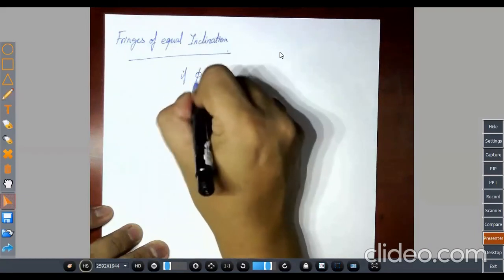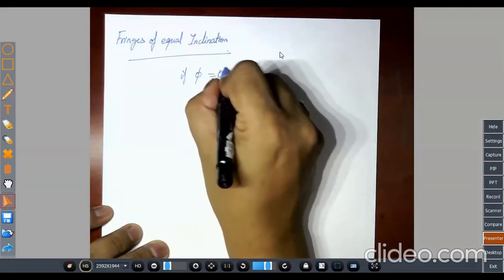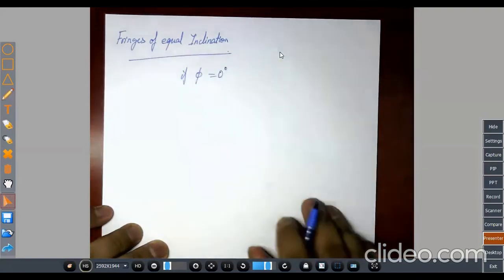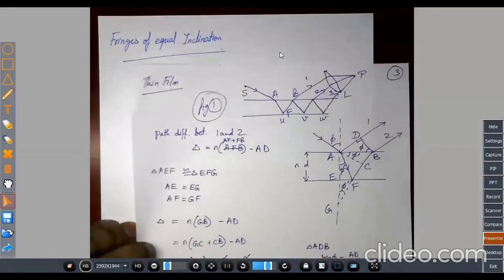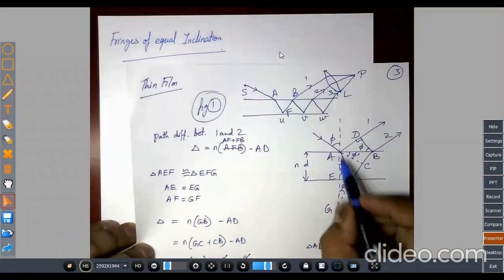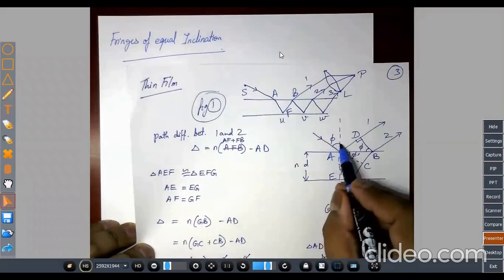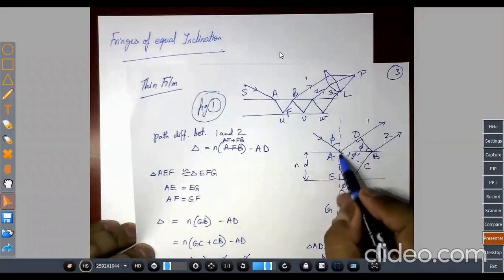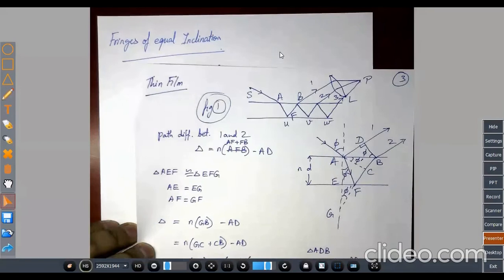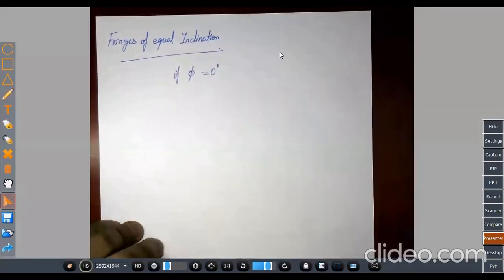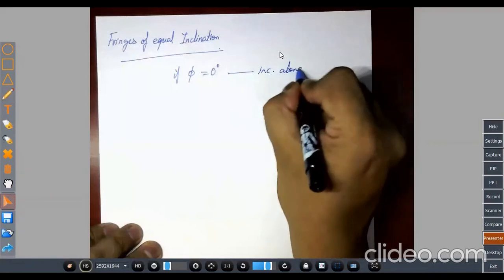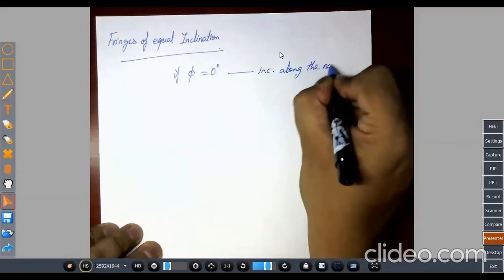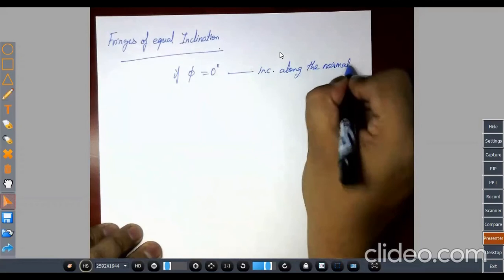If phi is 0 degrees, that means the light will be incident along the normal.